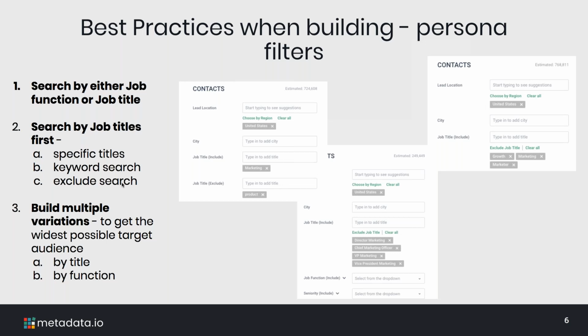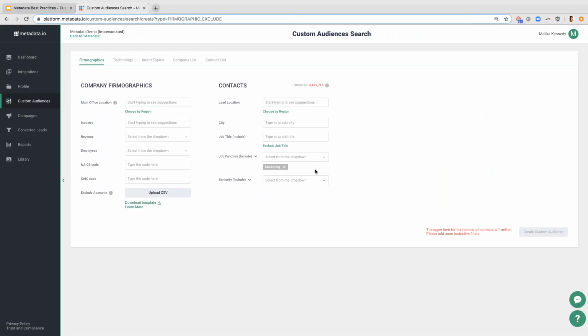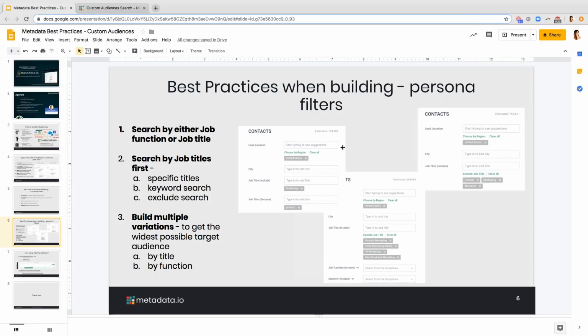The third way to create a custom audience by job titles would be to use the exclude functionality as well. In one of our newer releases, we implemented a new feature, which is exclude job title. What this lets you do is source any contact at a company that has the title marketing in it, but maybe you don't want product marketers.